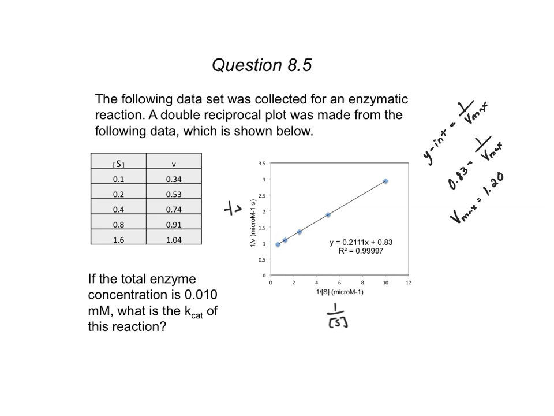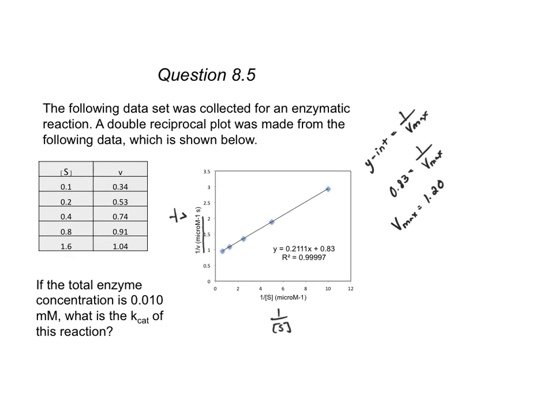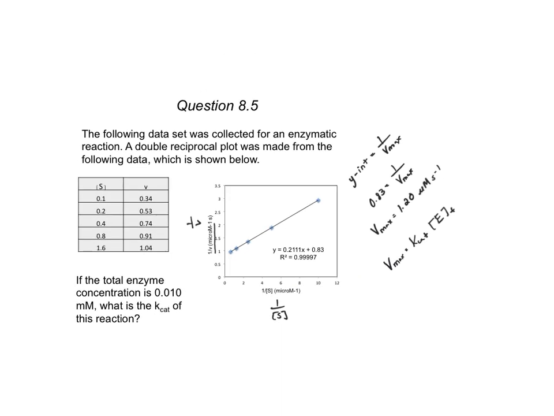But what's important to note here is units. The units for our 1 over V were inverse micromolar seconds, so the units for our Vmax are micromolar inverse seconds. That's just a rate. A velocity is going to be in molar or micromolar per second. To get kcat, we have Vmax equal to kcat times total enzyme concentration, and total enzyme concentration is given to us in units of millimolar.